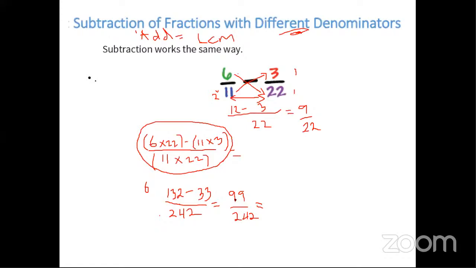By 3, that is 33. Out of 242, by 3. It is not divisible. It is not divisible by that.